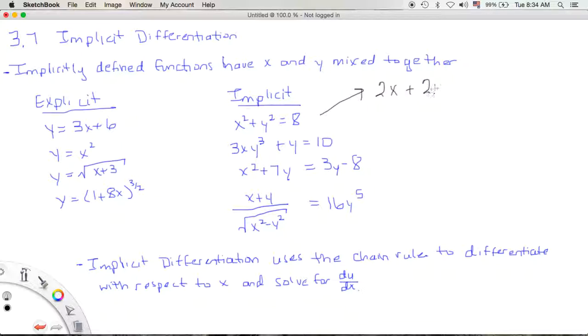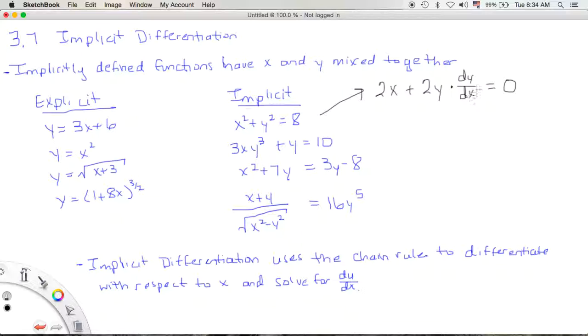So we take the derivative of the outside part times the derivative of the inside part, because we're taking our derivative with respect to x, and y is a function of x. Then we take the derivative of 8, it's a constant, so the derivative is 0.